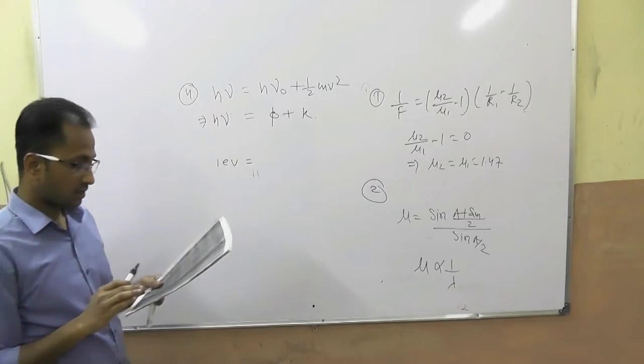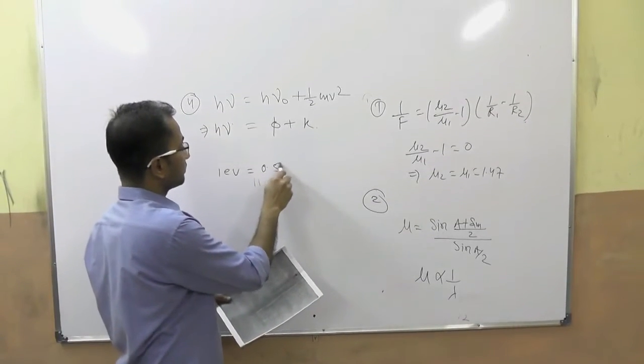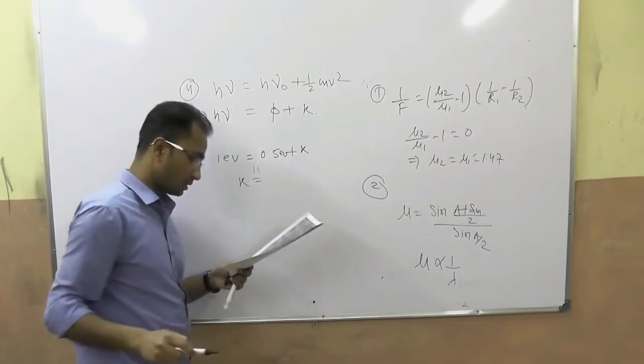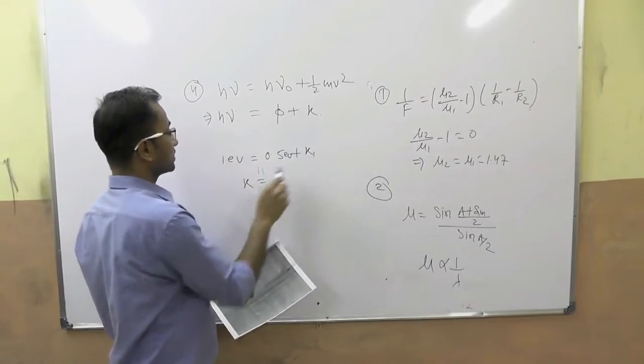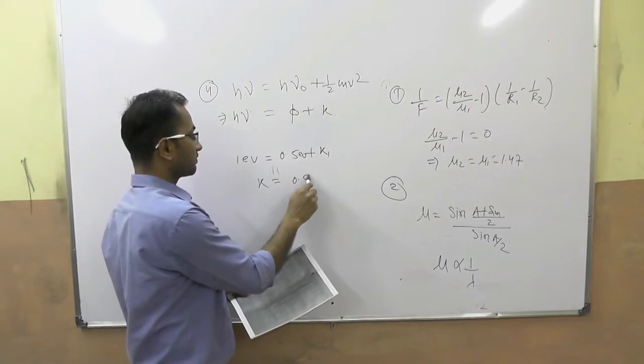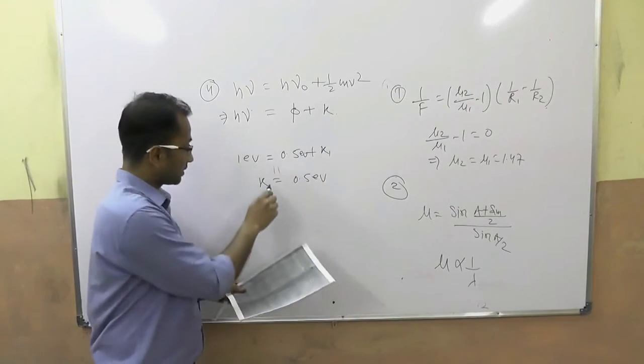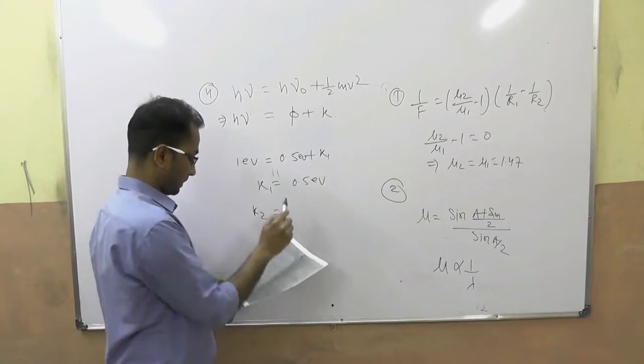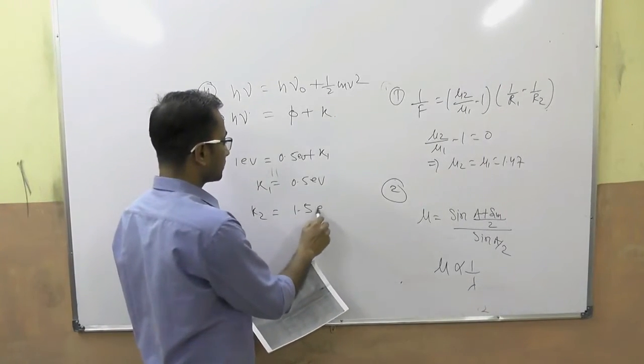and the work function is 0.5. So K will become, this is also in electron volt, suppose this is K1, the K1 will become 0.5 electron volt. Now similarly K2 becomes 1.5 electron volt.